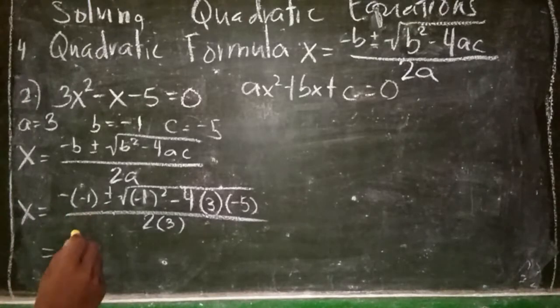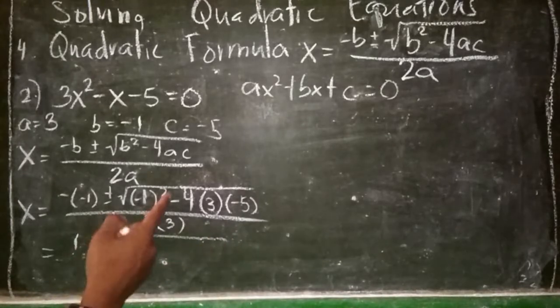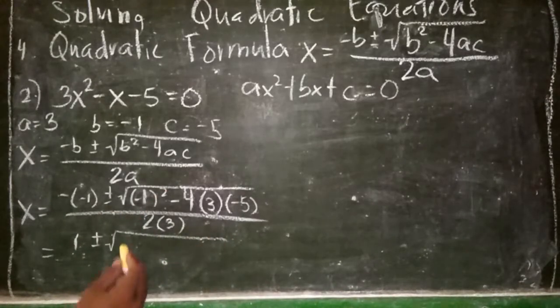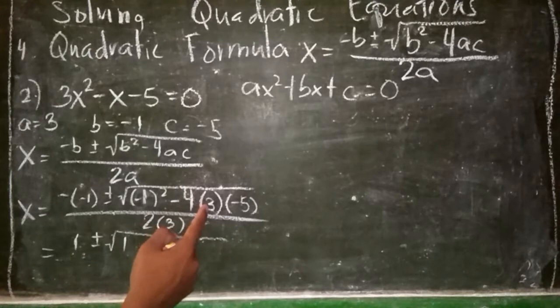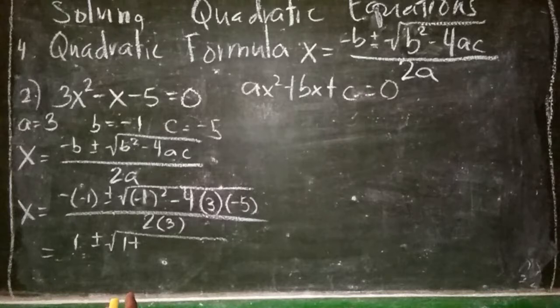Okay, so simplifying further, we have negative times negative 1, that is 1. Plus minus the square root of negative 1, okay, 1. And negative times positive, negative. Negative times negative, positive. So 4 times 3, 12. Times 5, 60.